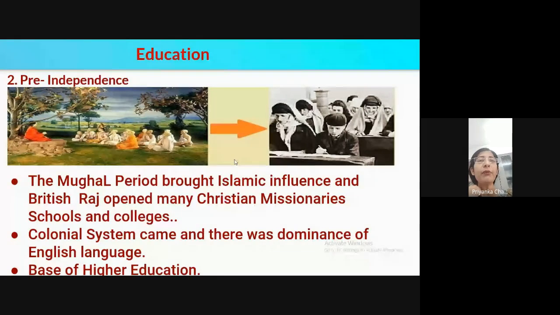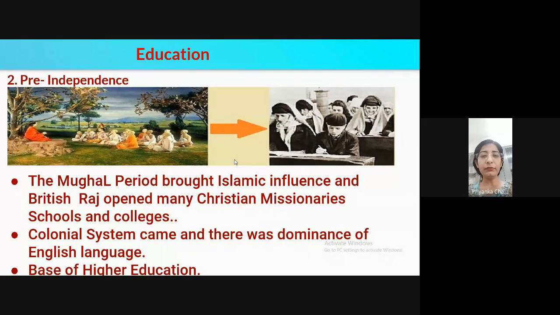The Mughal period brought Islamic influence, and the British Raj came up with Christian missionaries, schools and colleges. That means there was a dominance of the English language, but it was the basis of higher education. From the Britishers, we learned that English is required.